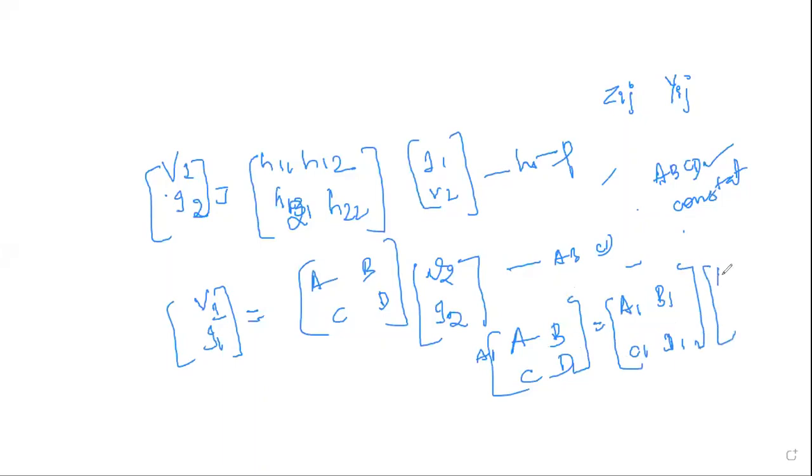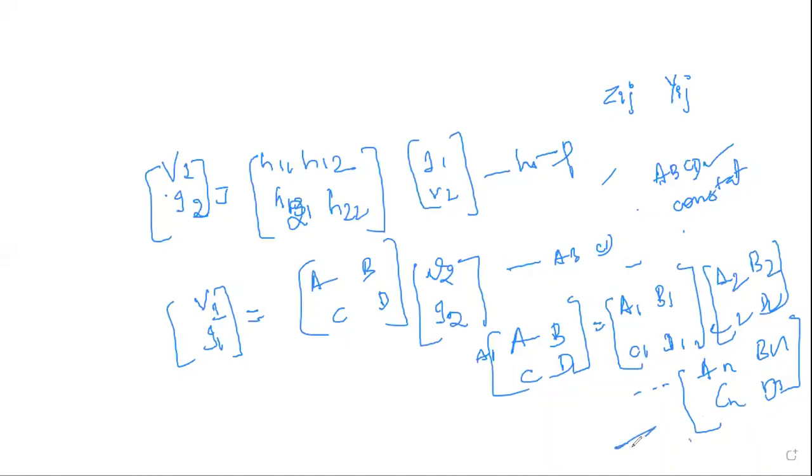Similarly A2, B2, C2, D2, and similarly till the last term, AN, BN, CN, DN. So if ABCD parameters are connected in cascade, it is easy to represent the larger network. This will be the resultant matrix for the cascade connection.